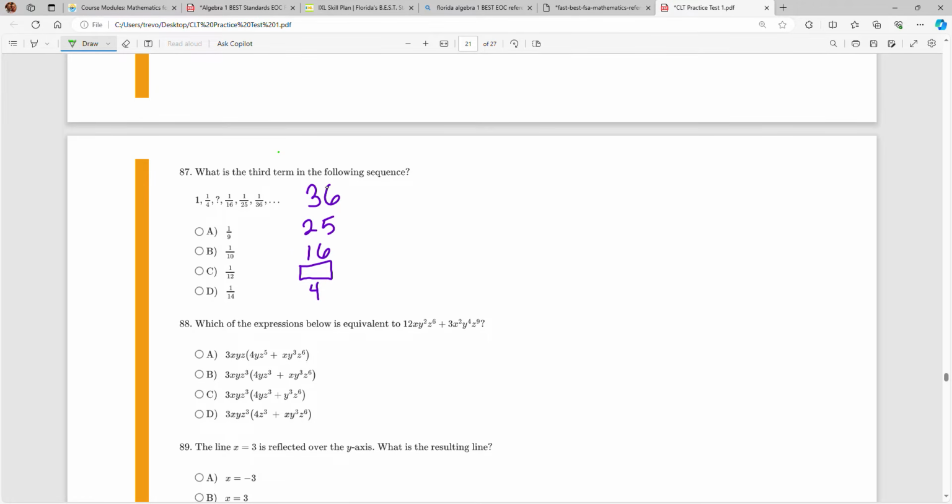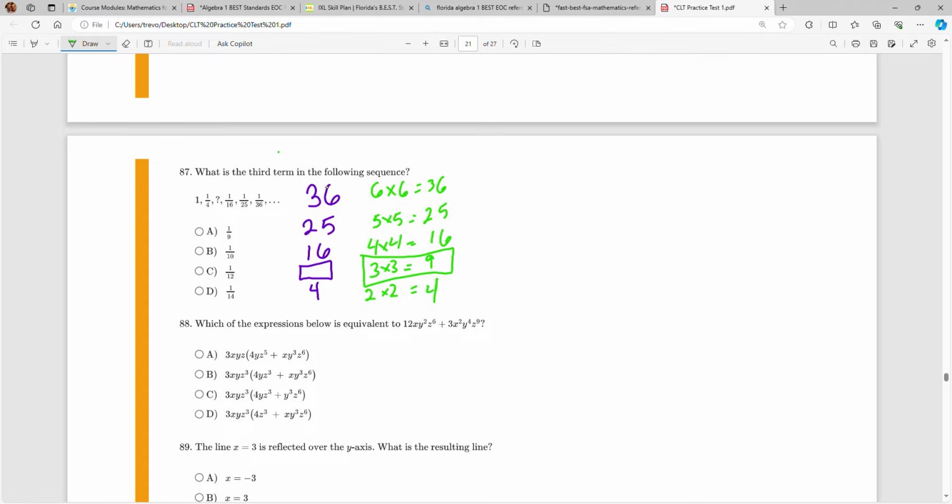What I do know is that 6 times 6 equals 36. I know 5 times 5 equals 25. I know 4 times 4 equals 16. Skip, I know 2 times 2 equals 4. So what's missing here is 3 times 3 equals 9.